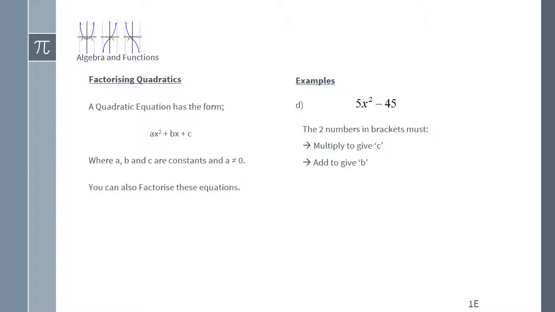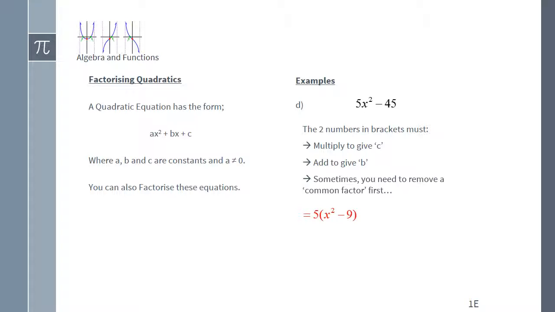5x squared minus 45. Sometimes you need to remove a common factor first. If we look at this, we've got 5x squared and minus 45. There's a common factor in both of a 5. If we take the 5 outside a bracket, we're left with 5 times x squared minus 9.